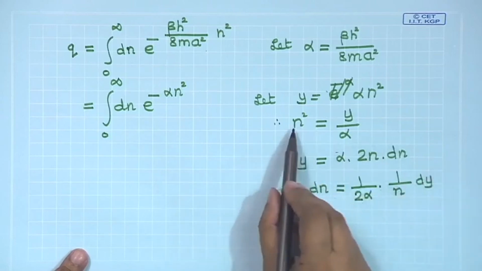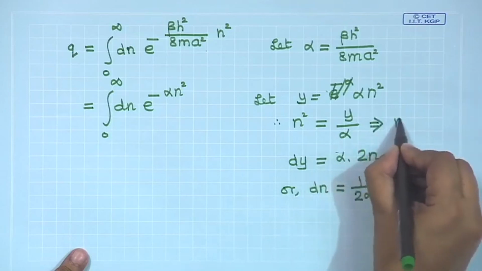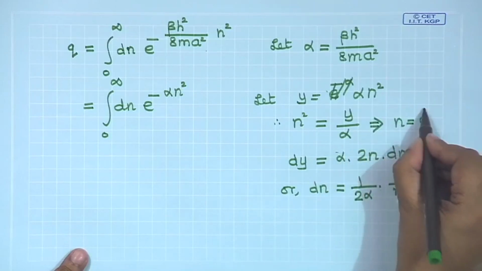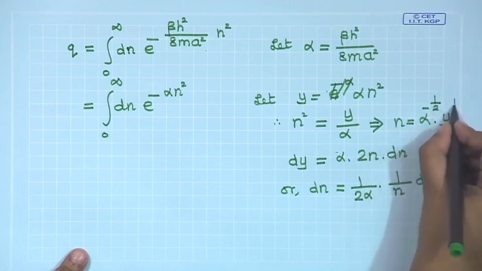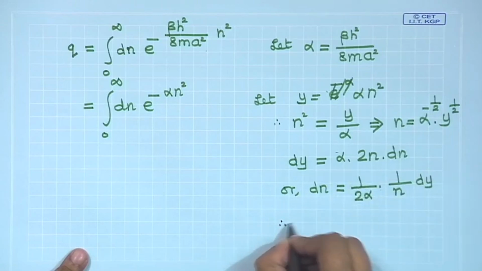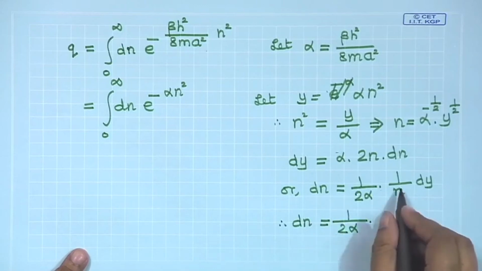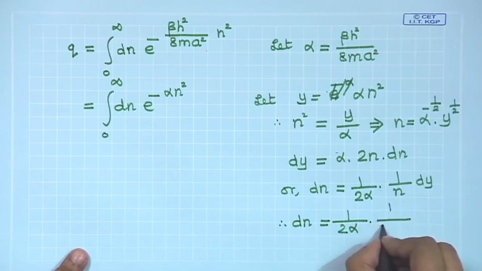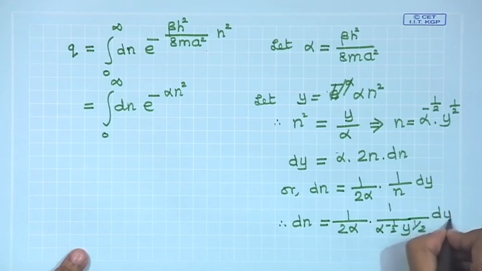Now, what is n? n square is equal to y by alpha. Therefore, n is equal to alpha to the power of minus half into y to the power of half. Now, I put everything together. So, what I get is d n is equal to 1 by 2 alpha, then, in place of n, I am putting in alpha to the power of minus half into y to the power of half into d y.